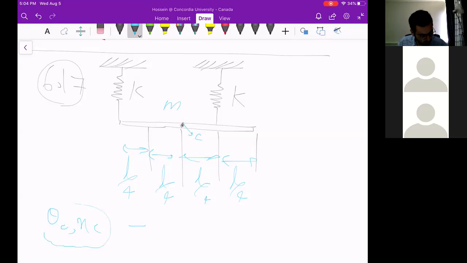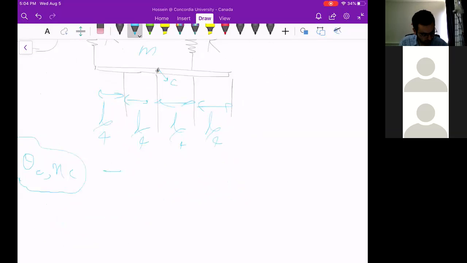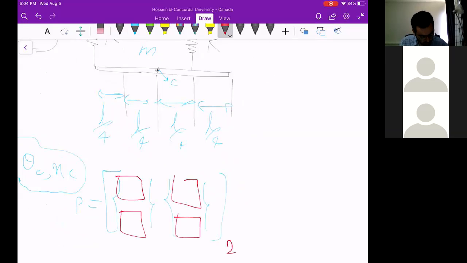These are the two coordinates. And the modal matrix is just putting the first mode and second mode here. It will be a 2 by 2 modal matrix, since we have 2 degrees of freedom.